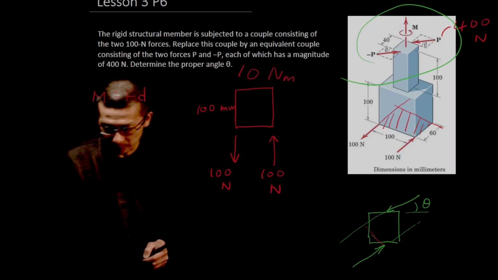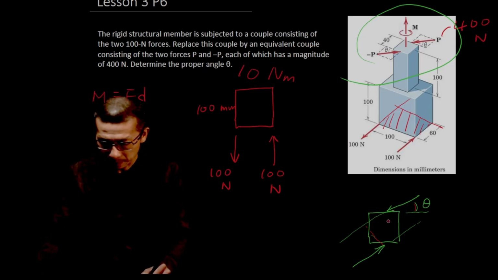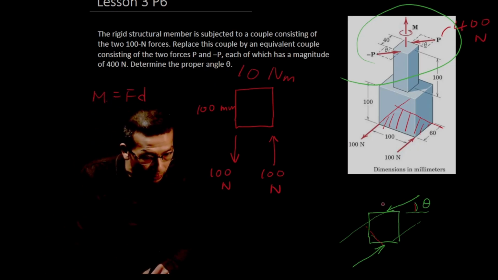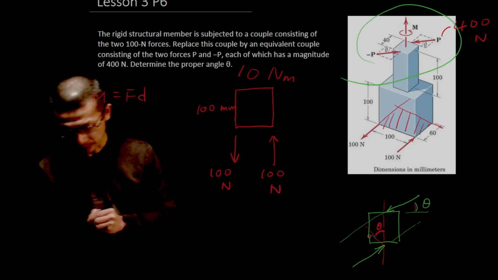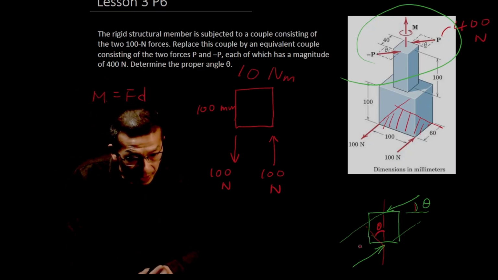What is that distance there? We have to figure it out. If that is theta, and this is 90 degrees, so when I make this vertical line, here is also theta.